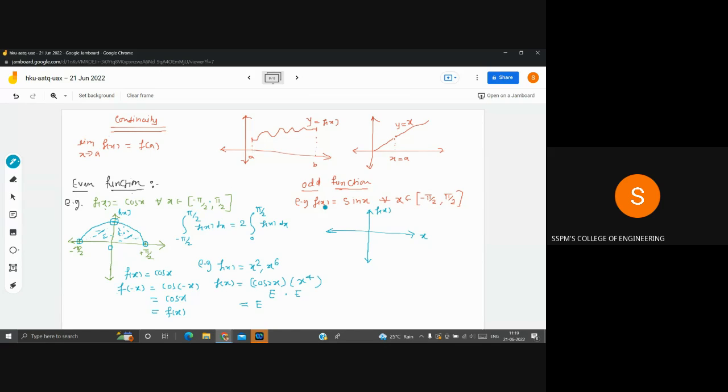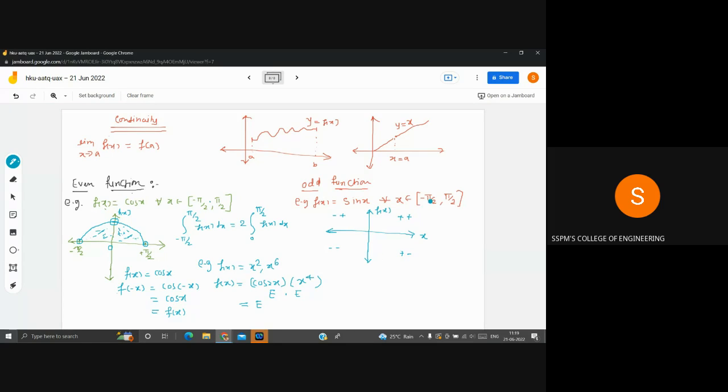Now see, x is minus pi by 2, sin of minus pi by 2. Sin of minus theta is minus sin theta, so you will get -1. Where is the location of that point? In the first quadrant both coordinates are positive. In the second quadrant the first is negative, the second is positive. In the third both are negative. In the last, first is plus, second is minus.